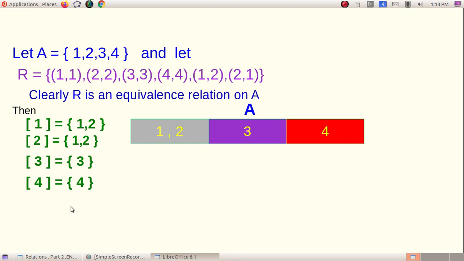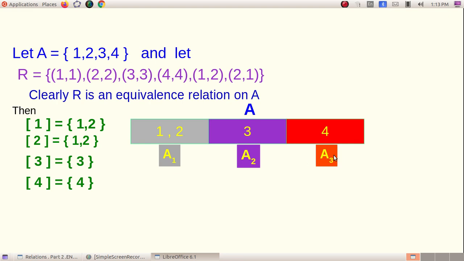Okay, {1, 2} is a division or a piece of the set A. Therefore we call this set A1. Set {3} is again a piece of the set A. Therefore we call that set A2. And {4} is the third set, we call it A3.